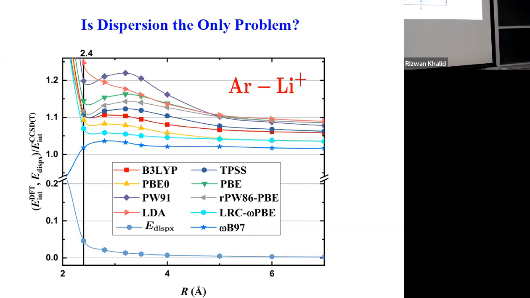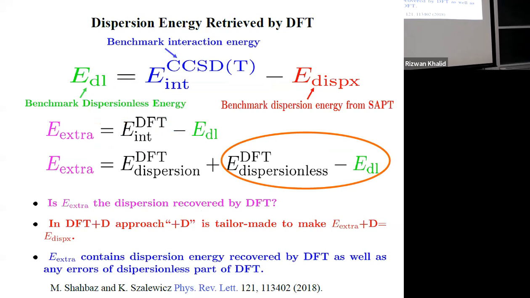We see a very small amount of dispersion energy is present here in argon and lithium plus, but still the error in the interaction energy for this case is up to 20% or so. This 20% error cannot be produced due to missing parts of a quantity which is just 5%. So DFT has other problems than just missing dispersion energy.